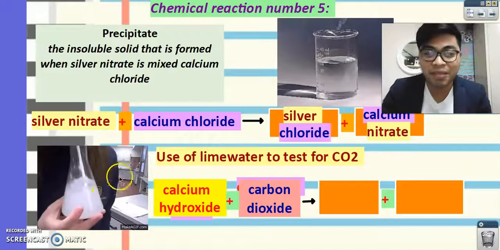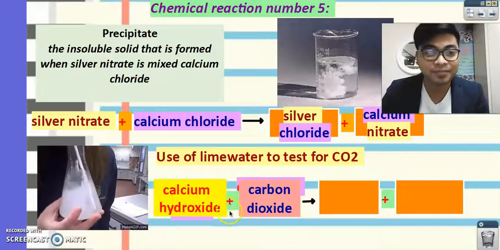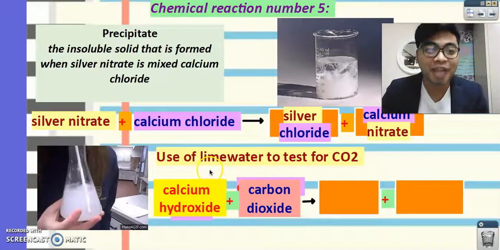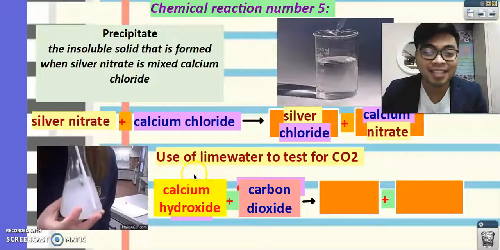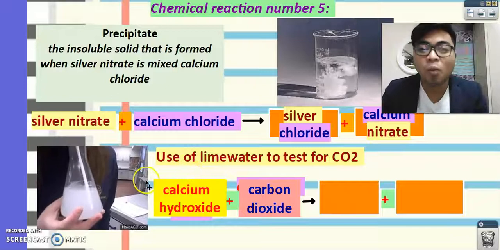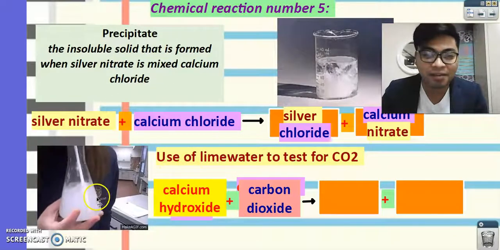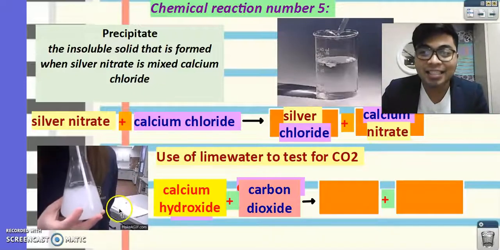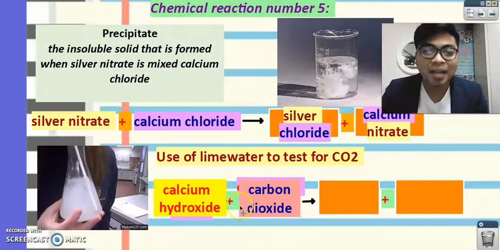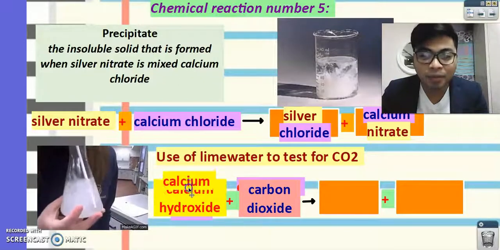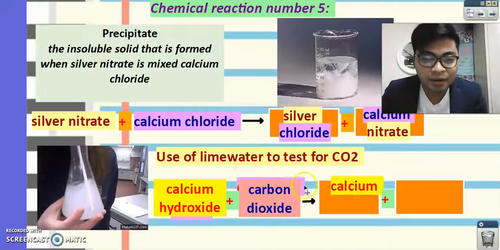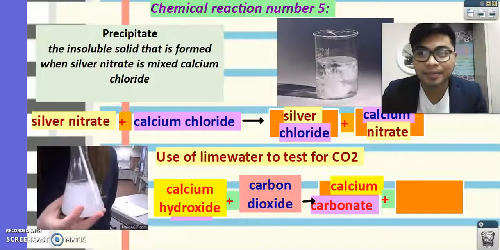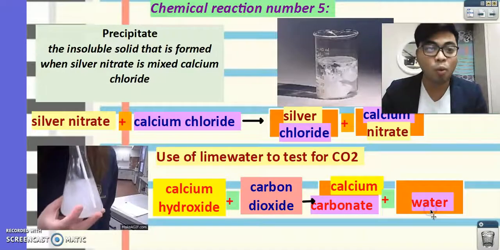Next, are you familiar with this video right over here? Very good. This is the use of lime water to test for carbon dioxide. Can you recall the chemical formula of lime water? Very good. It's calcium hydroxide plus carbon dioxide. So what we are forming here is calcium carbonate plus water.